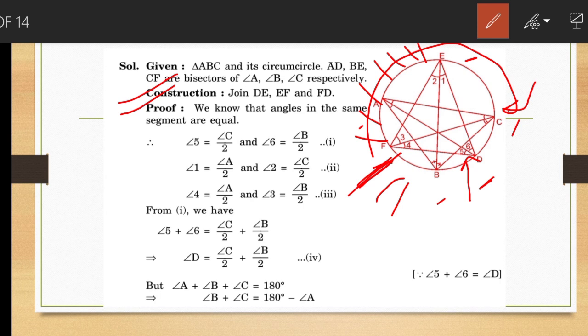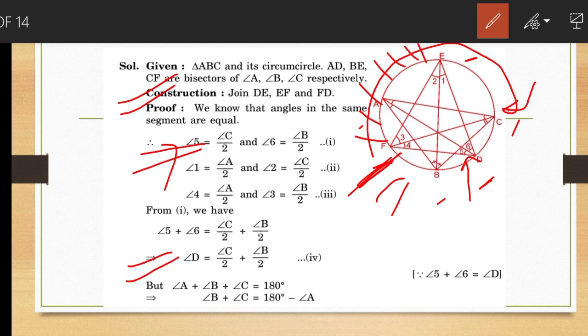Now for equation 1, if we add 5 and 6, we will get angle D. So let's add 5 and 6. On adding the left hand side, we have to add the right hand side as well. So angle C by 2 plus angle B by 2 is equal to angle D, since angle D is angle 5 plus 6.